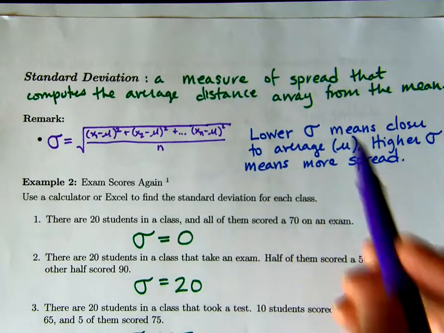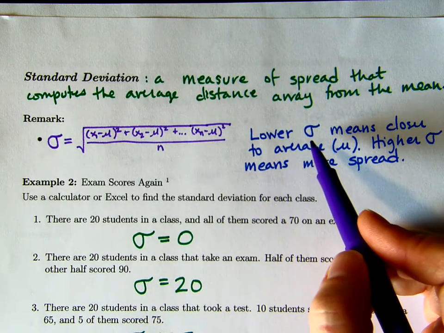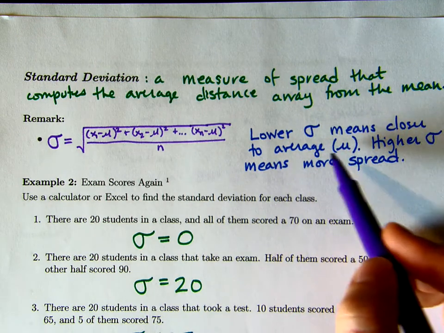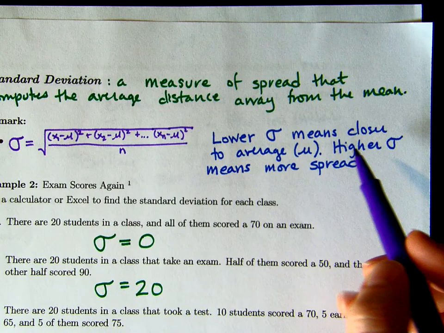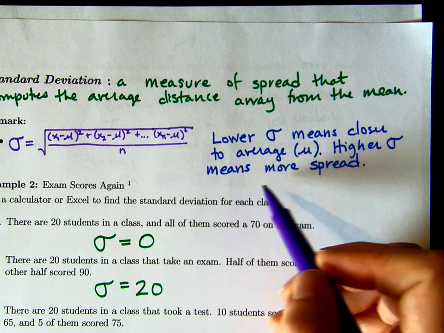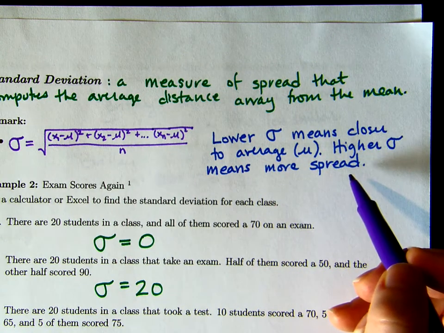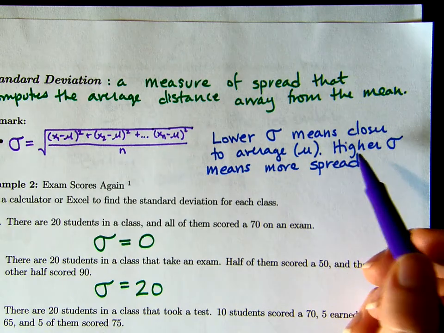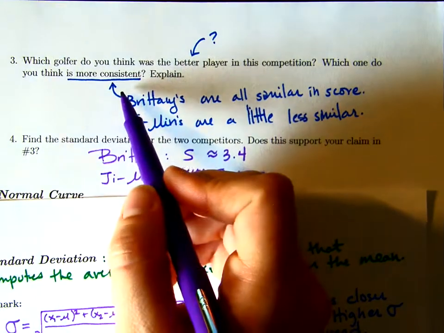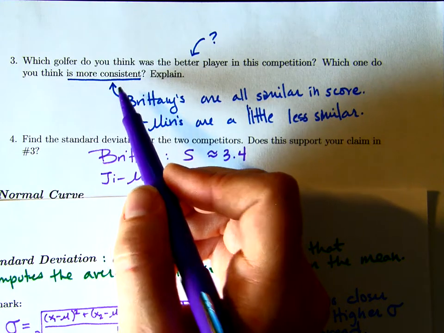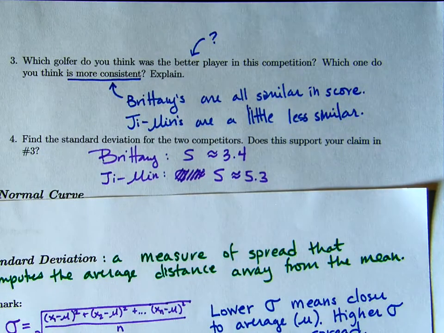And I just want to mention, this goes back to the remark right after standard deviation. The lower the standard deviation means the closer the data is to the mean. The higher the standard deviation means that the data is more spread out. And so if we think about that with the terminology consistent, if you're more consistent, then you do not deviate as much. Okay?